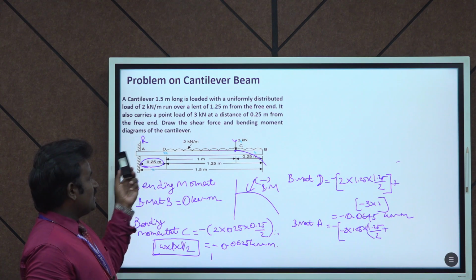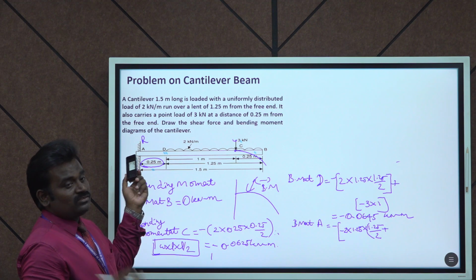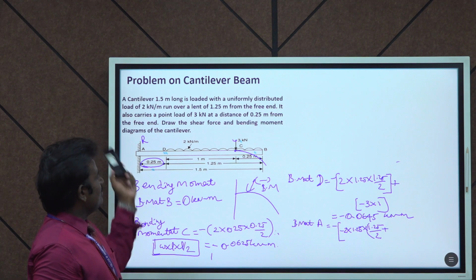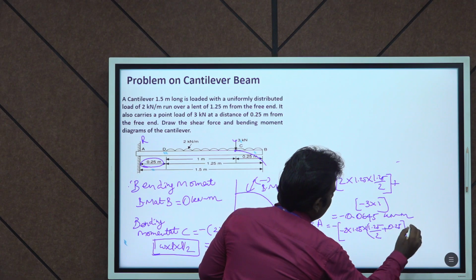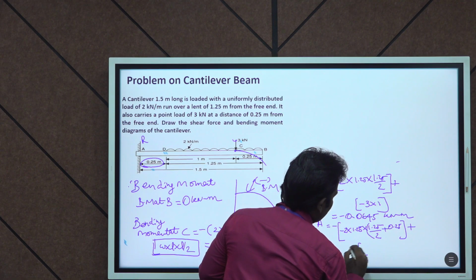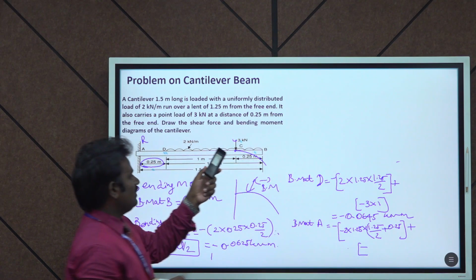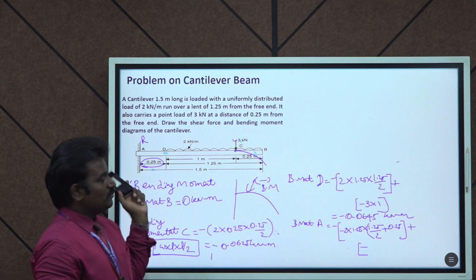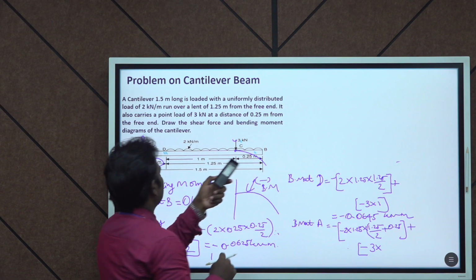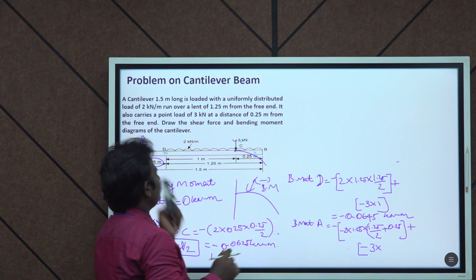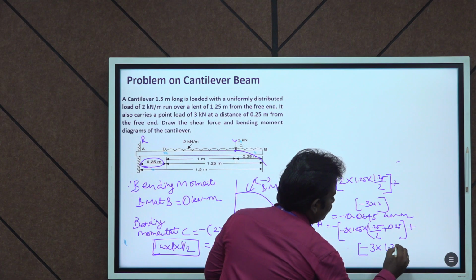0.25, because between point A and D there is a gap, so adding this distance here. Again we add the moment of the point load, 3 into the distance 1 plus 0.25, that is 1.25.